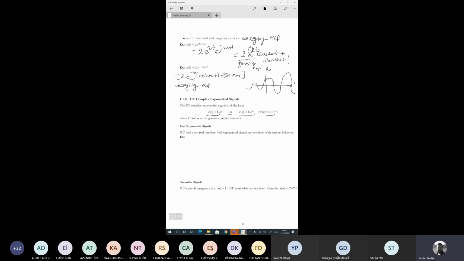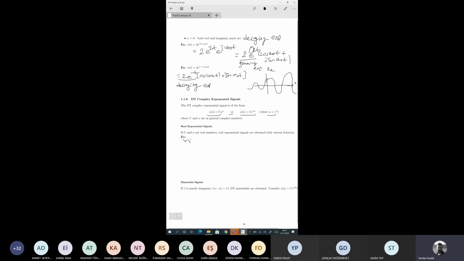Again, depending on the sign and amplitude of alpha, I have different cases. Let's assume that alpha is larger than 1. In that case, the amplitude of x of n is increasing. Well, if alpha is in the interval 0 to 1, then x of n is decaying as I increase n.